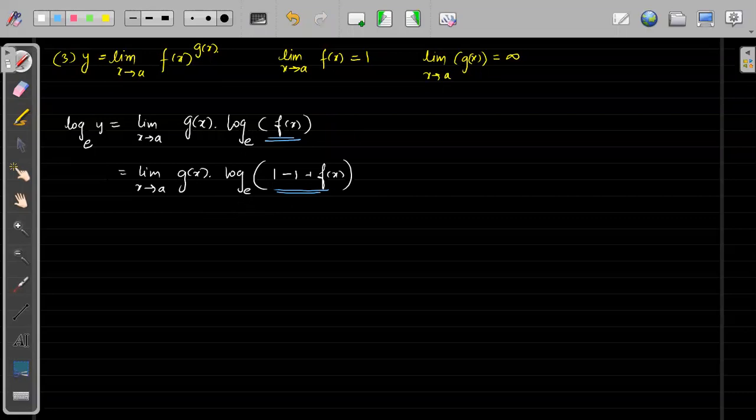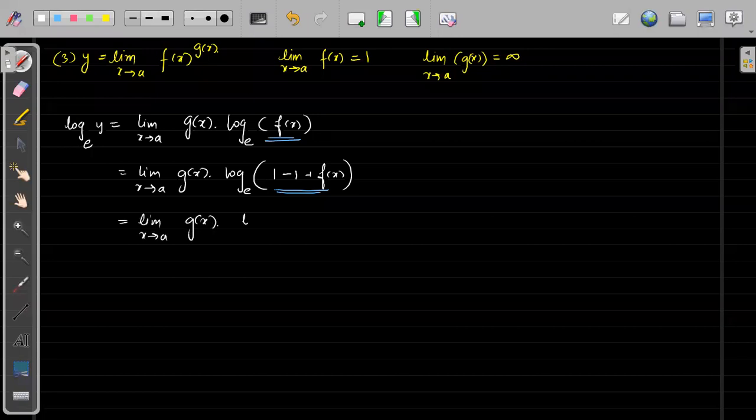But why are we doing this? If I write it like this, it becomes the limit of x tending to a, g of x into log base e (1 plus (f of x minus 1)). So I'm rearranging this as f of x minus 1. Now I multiply by f of x minus 1 and divide by f of x minus 1.